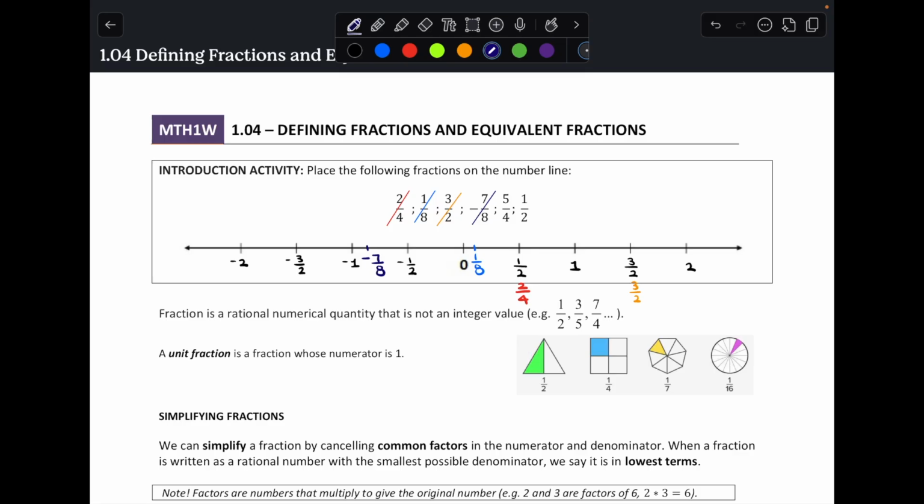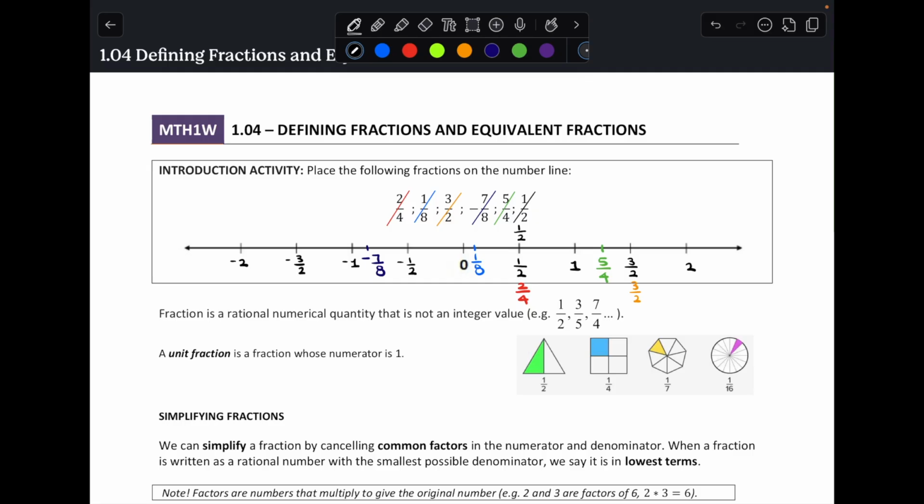Next, we have 5 over 4. 5 over 4 gives us a decimal of 1.25, which is between 1 and 3 over 2. Finally, we have 1 over 2, which again is represented on the number line, which we can write there.